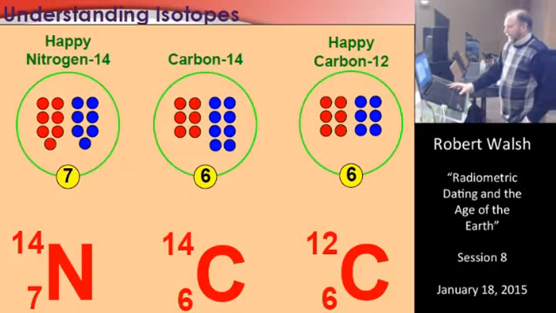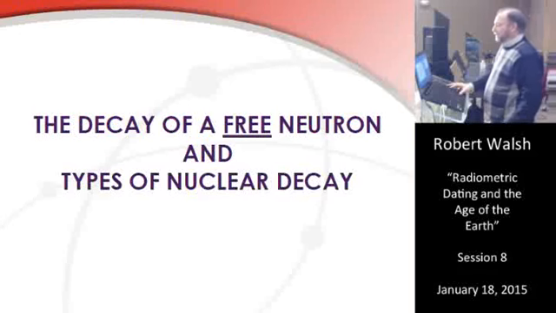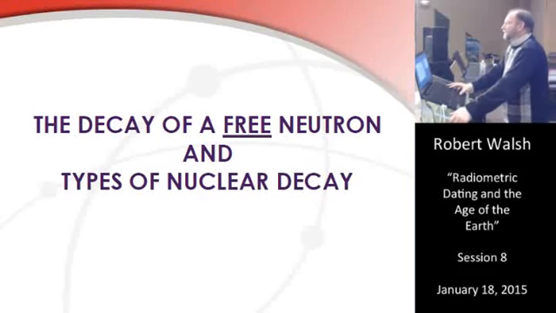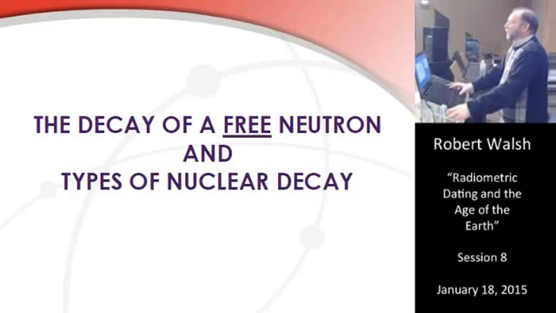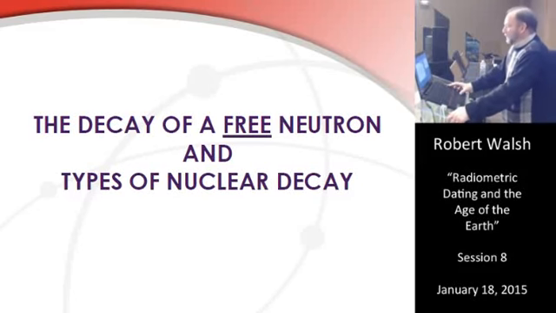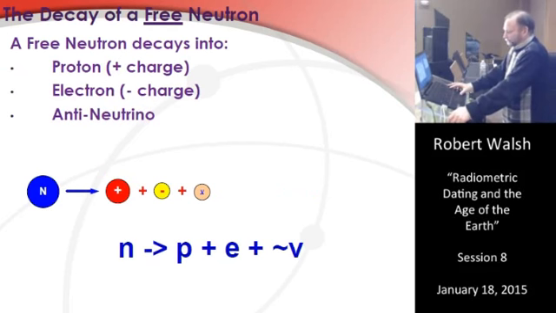Let's take a look now at the decay of a free neutron and various types of nuclear decay. We're kind of going through this to bring us to a position where we can understand how the creation model can utilize these elements. A neutron decays in a particular way.